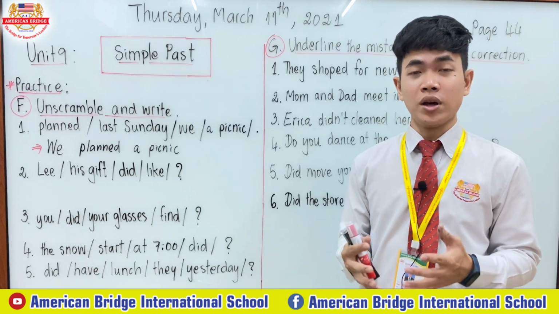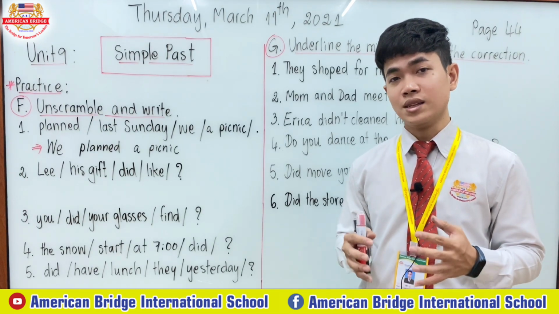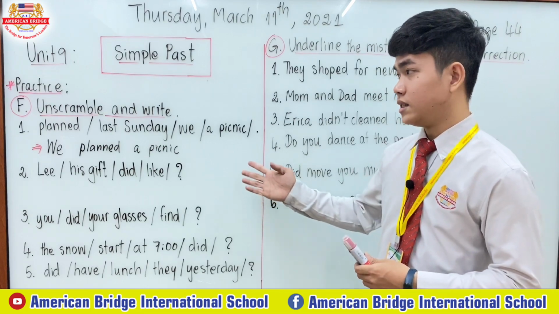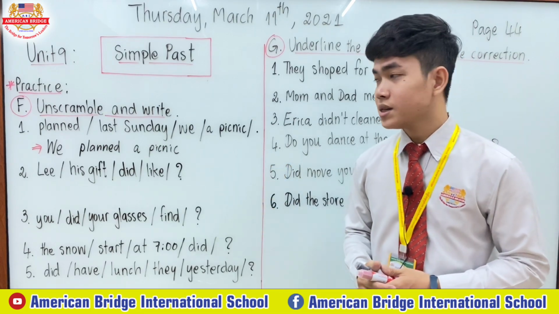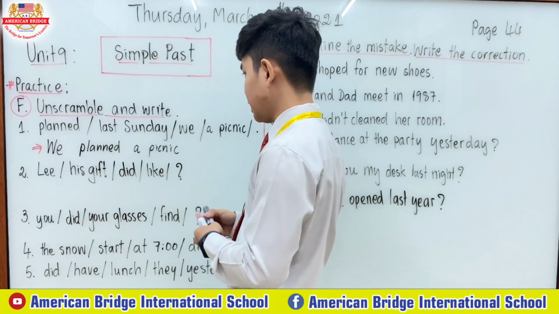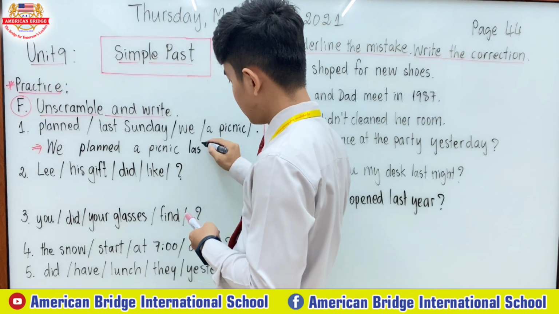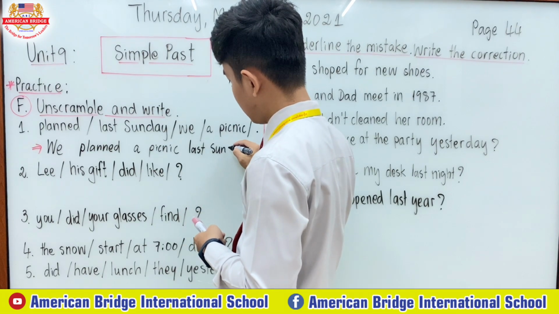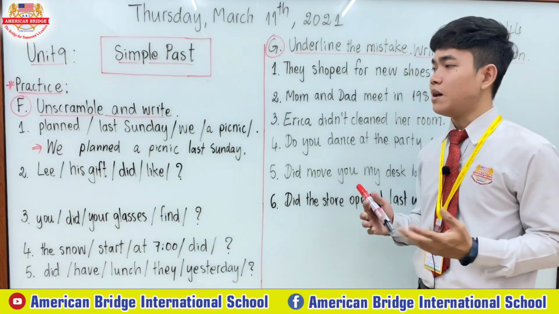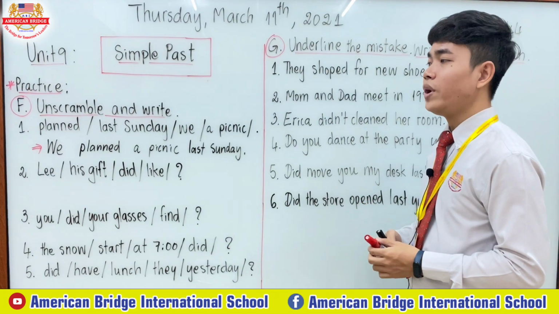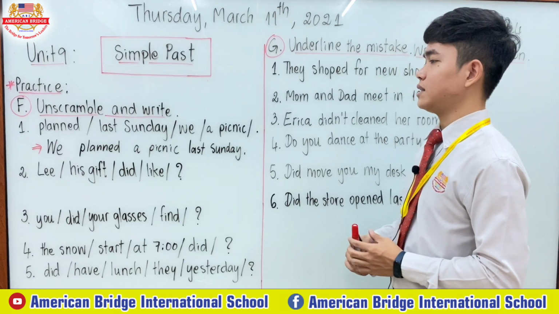So these are the time expressions that you can use in the simple past, as you can see in number 1, right? Okay, so we planned a picnic last Sunday. So we have formed sentence number 1. As you can read, we planned a picnic last Sunday.